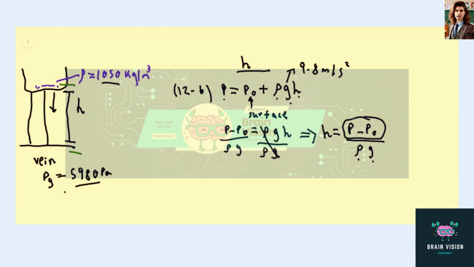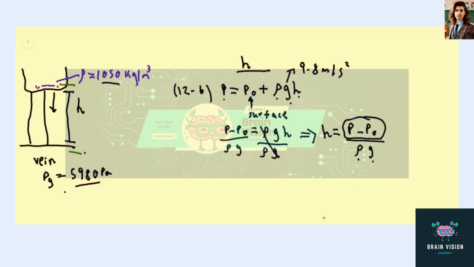So let's just really quickly make sure it makes sense. So if H is the height of the reservoir above the vein, then P here is going to be the pressure at the depth of the vein. And P naught is going to be the surface pressure. So it's going to be at the reservoir.